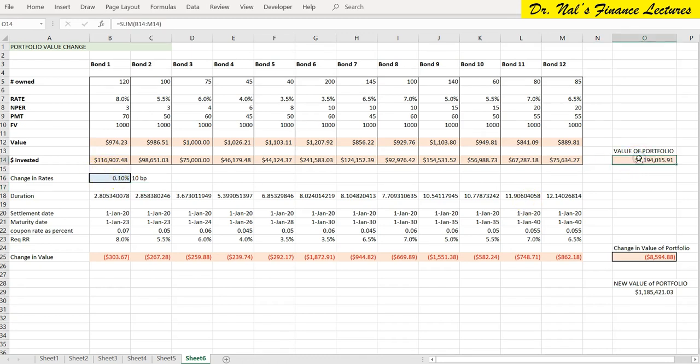And by the way, the portfolio that we are managing is a pretty small portfolio, $1.2 million is nothing. If you start as a broker at any investment bank, as a rookie, the starting portfolio that we will be managing will be about $20 million. So in a $20 million portfolio, which is roughly 20 times what this number is, the change in portfolio value will be 20 times 8,600, say 10,000.